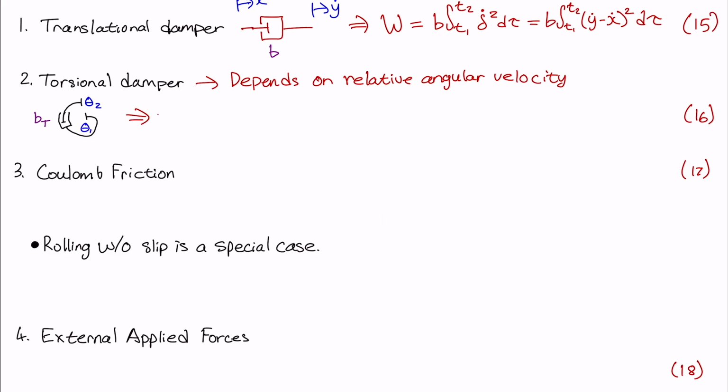In general, the force here is equal to B sub t times the relative angular velocity, theta 2 dot minus theta 1 dot, and the work done is going to be equal to B sub t times the integral from t1 to t2 of theta 2 dot minus theta 1 dot, quantity squared, d tau.